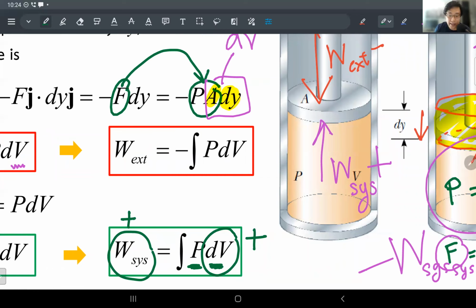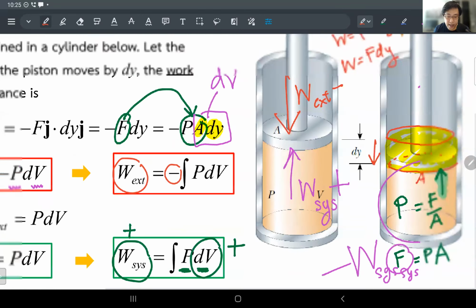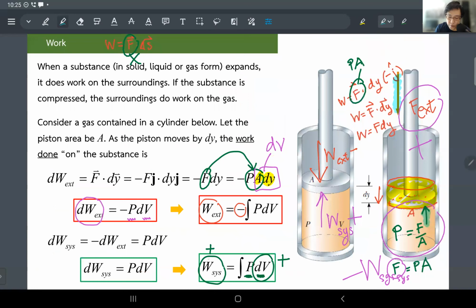Automatically, from the perspective of the external force, you just get the negative sign popping in. Okay, guys? So in conclusion, this is the expression we're going to use. The work done by the system, this is important, by the system, is the integration of PdV. It's just pressure times volume change, and then you add them up. When you add them continuously, that turns into integration. And that's the conclusion.